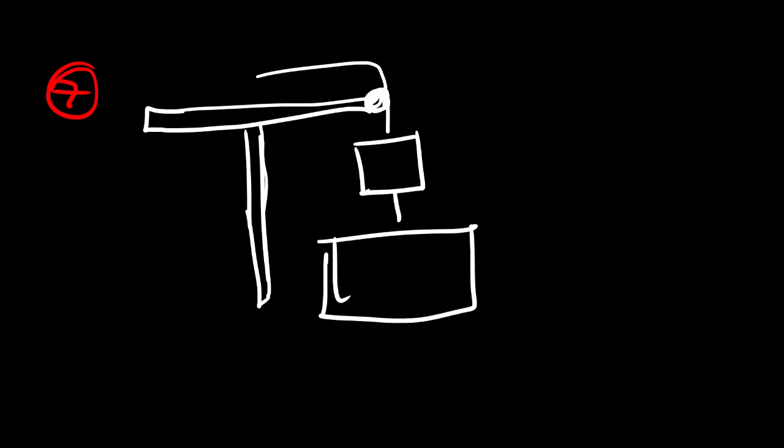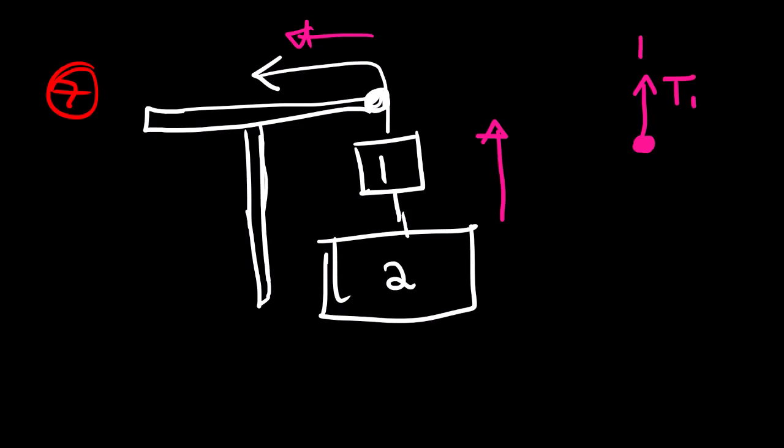Now let us look at this. We have 1 and 2. This system is pulled this direction. Now we do agree that if it's pulled this direction, it means the whole system will move upward. Free body diagram of 1. We are going to have, we can say, this is T1, and then we have T2, which is this rope.